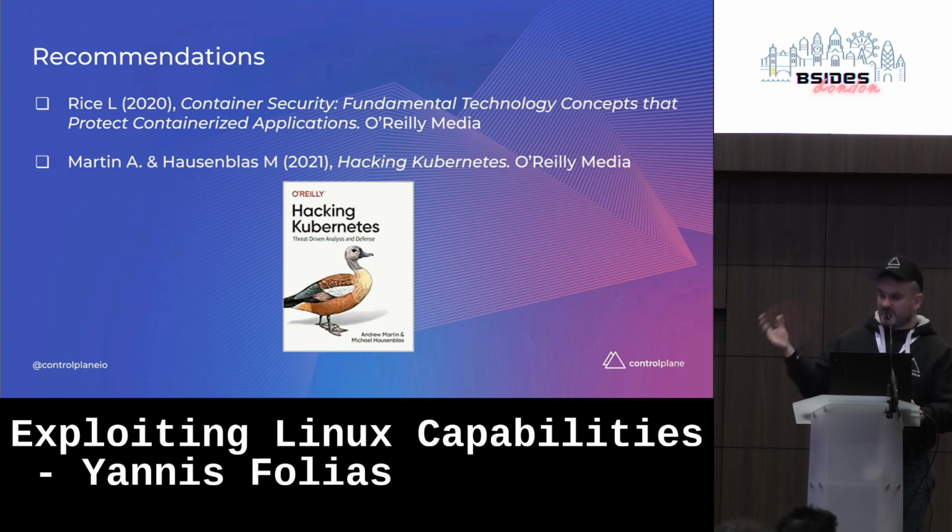This goes a bit further, but there is some stuff included related to Linux capabilities as well, and also on pod security, on anything related to security on Kubernetes. And this was written by our CEO, the Control Plane CEO, Andrew Martin, and also others.